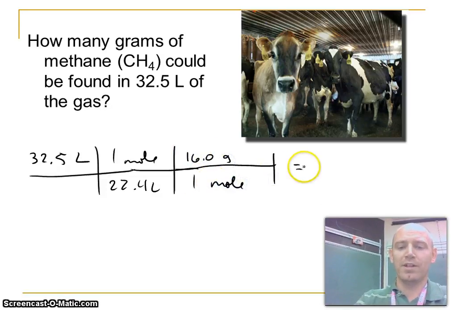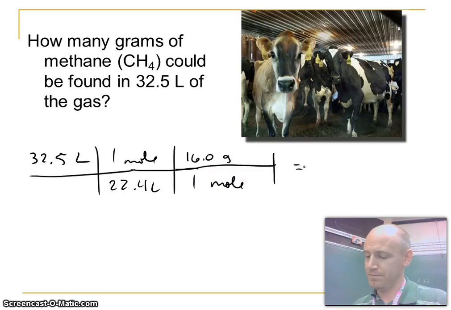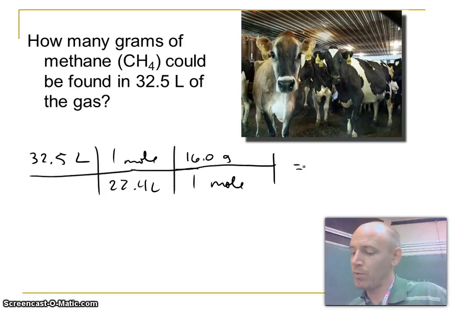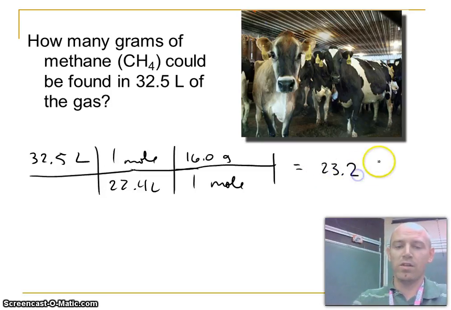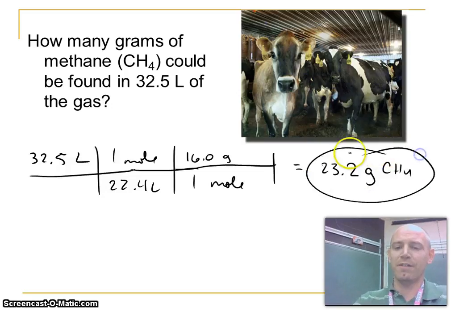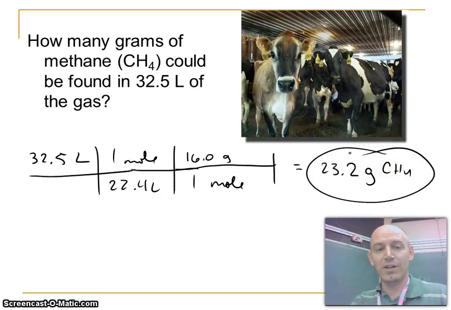And then we calculate, and we get 32.5 times 16 divided by 22.4, and we get 23.2, 3 sig figs, grams of CH4. Again, the reason we have 3 sig figs is that this is all multiplication and division: 3 sig figs, 3 sig figs, 3 sig figs.